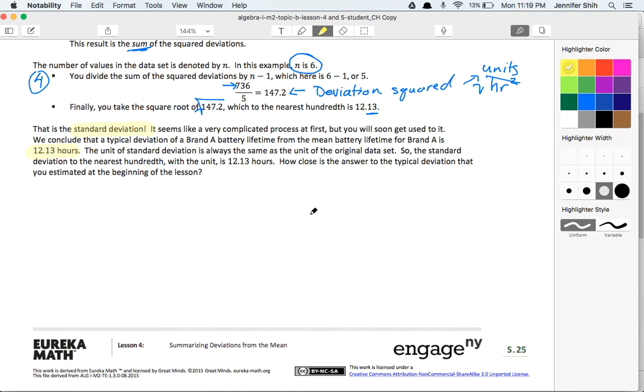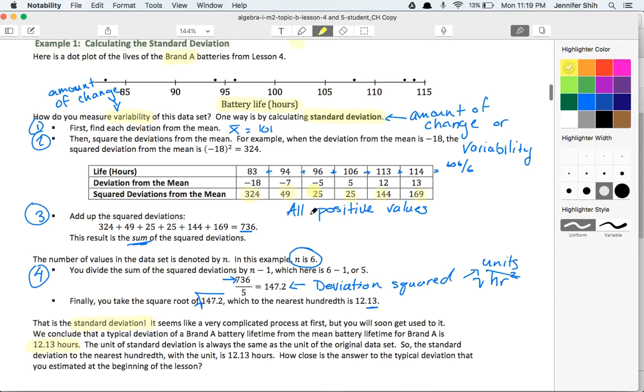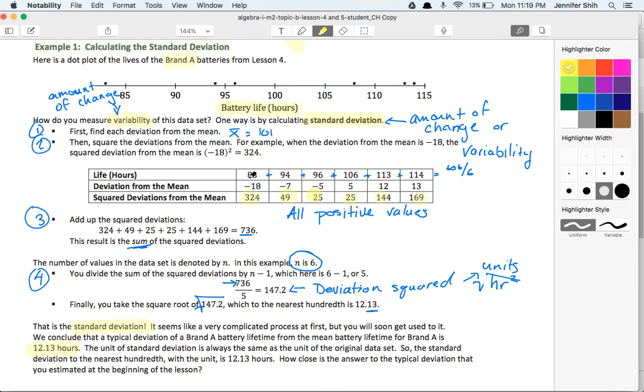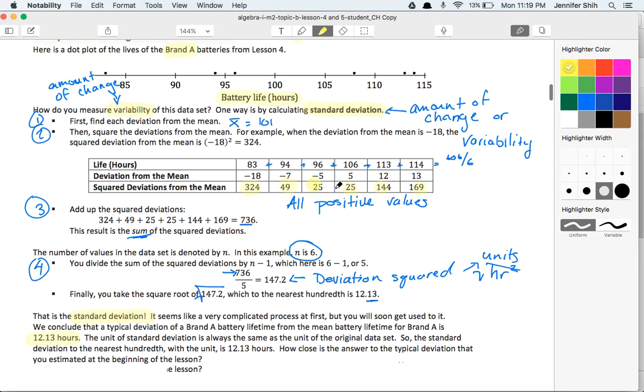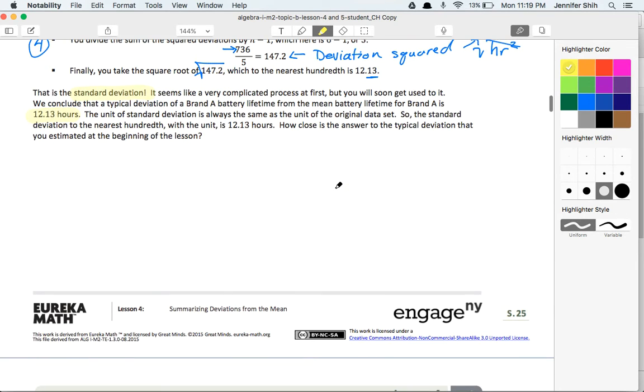I think we estimated like 10 at the beginning of the lesson, which means they vary by 10, like 83, 94, that's about 10. This is about 10. And then from here to here is about 10. The difference, how different they are. Now we actually know that the deviation from the mean is 12.13 hours.